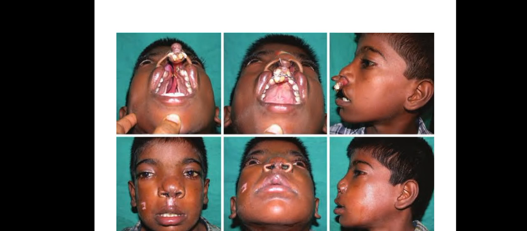Apart from the surgery method, there are some other treatments that you should give these children.